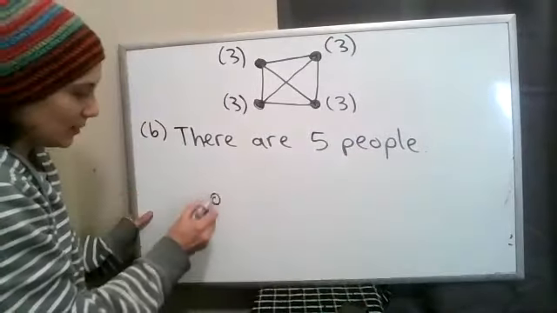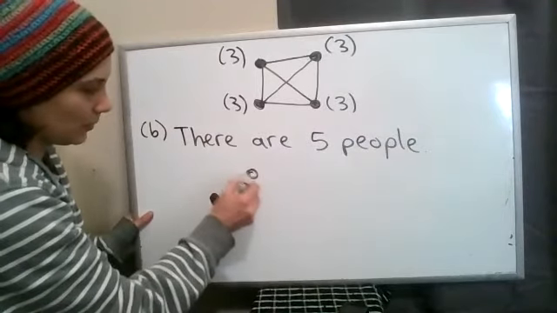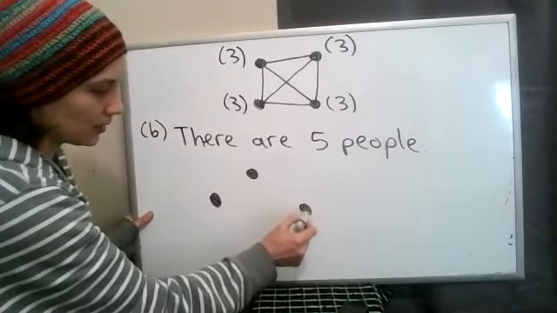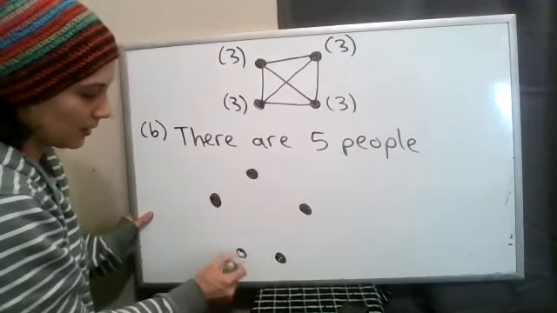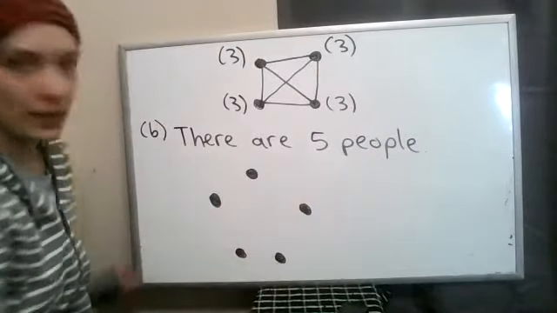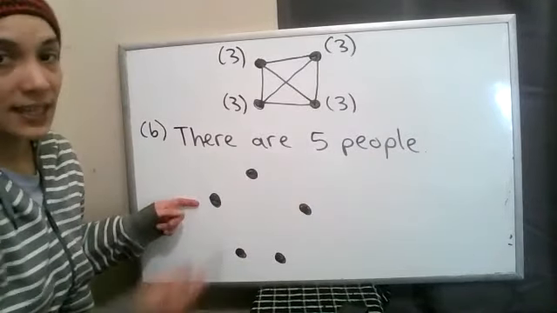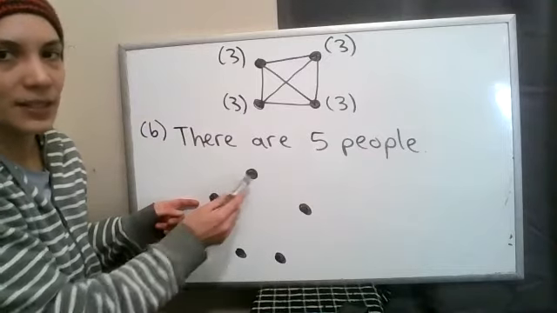Okay, let's draw them in a circle. This person, 1, 2, 3, 4, 5. Okay, so just pick somebody and make sure that they have a connection with each of the other people.